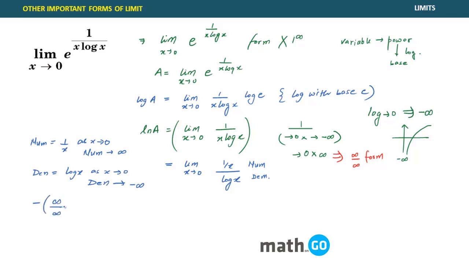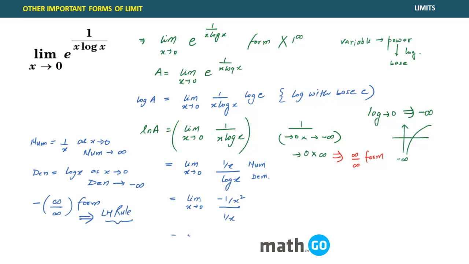Don't worry about the negative sign. You can say minus infinity by infinity form. Not a problem. If this is there, that means you can apply the L'Hospital rule. Yes, now the LH rule is applicable. So if you apply the LH rule here, it will become limit x approaching 0 of the derivative of 1 by x, which is minus 1 by x square, over the derivative of log x, which is 1 by x.